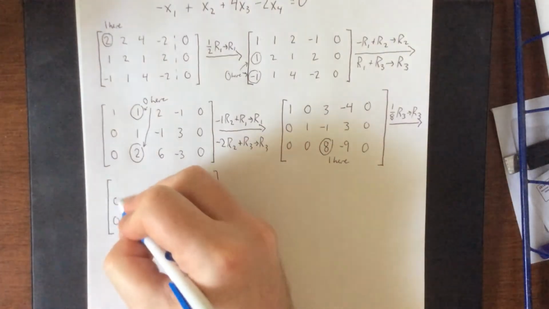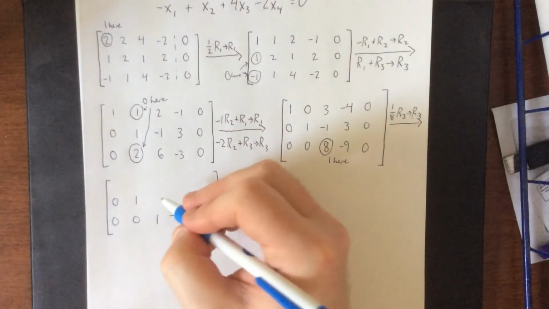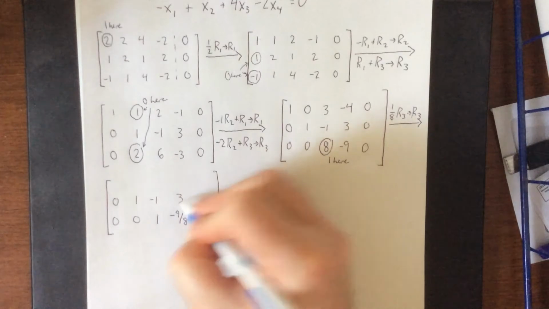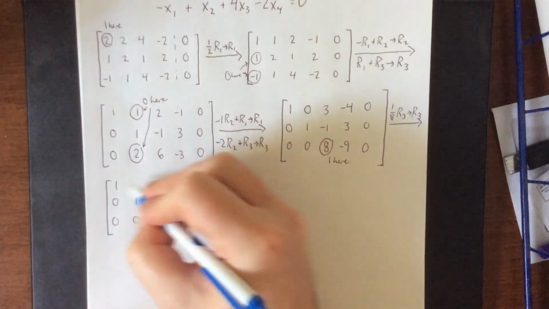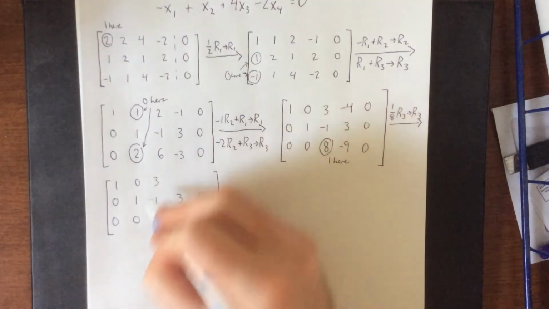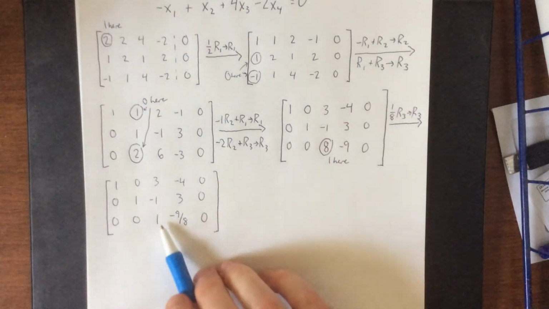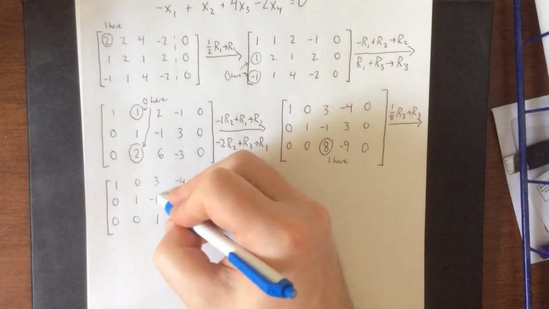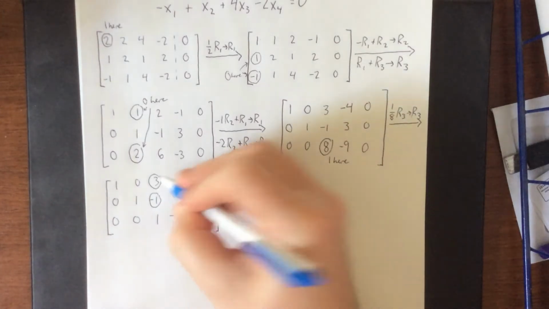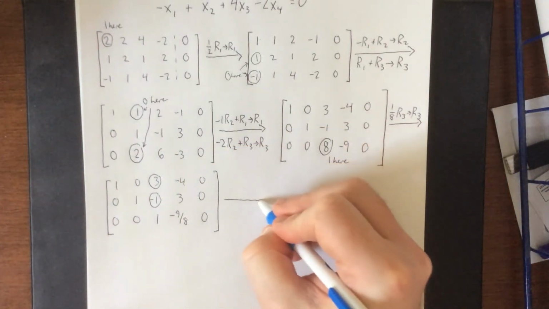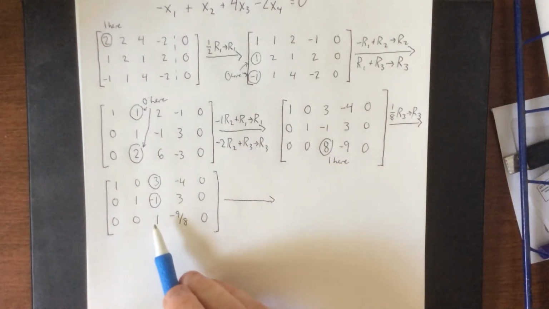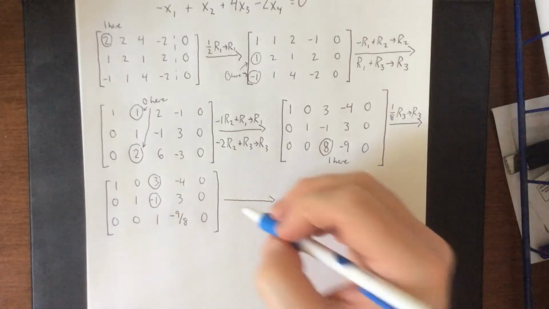The other two rows will stay the same for the time being. 1, 3, 0, and then the first row 1, 0, 3, negative 4, and 0. Good. Next we'll be using this lead one that we just got to zero out the two entries that are right above it. In order to do so, we'll take the third row and add it to the second row.